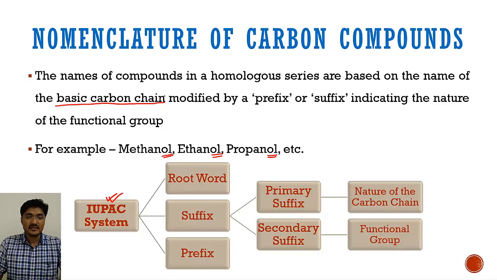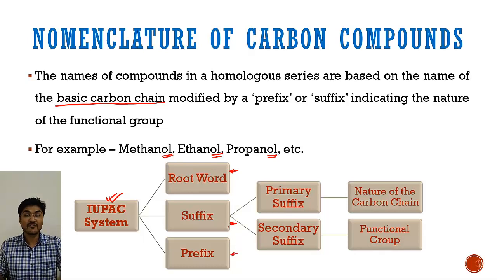It says that first you need to get a root word, and you may either attach a suffix or a prefix, or you may have to use both at the same time. The suffix can be a primary suffix or a secondary suffix. The primary suffix generally says the nature of the carbon chain, that is, whether it is branched, alkane, alkene, or alkyne.